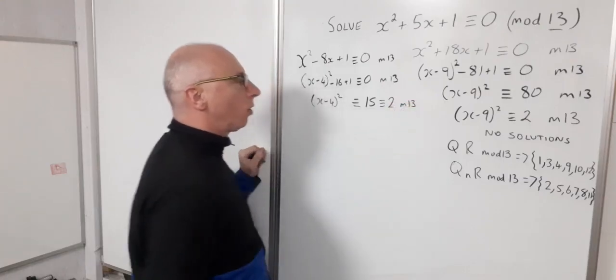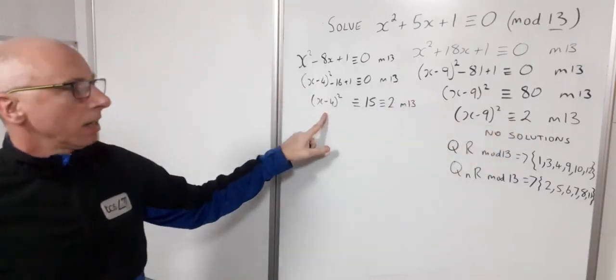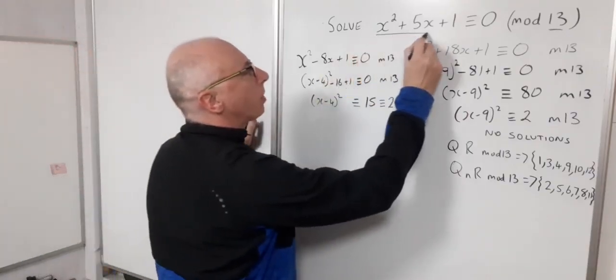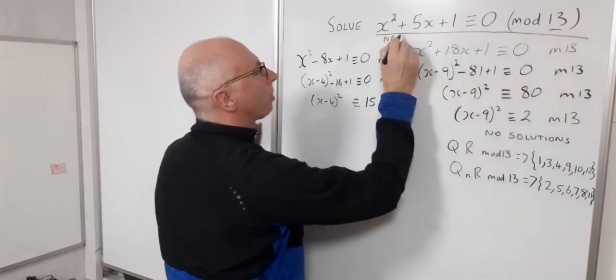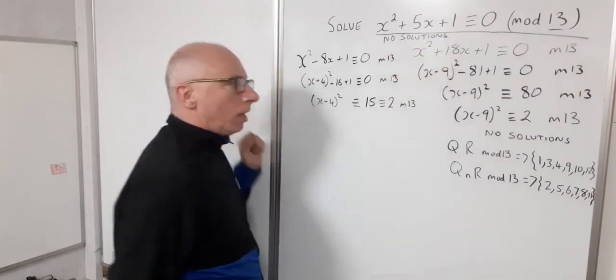And we can see here also this is going to yield the same problem that we got here. So we can confirm that this equation, x squared plus 5x plus 1 congruent with 0 modulus 13, has no solutions. Okay.